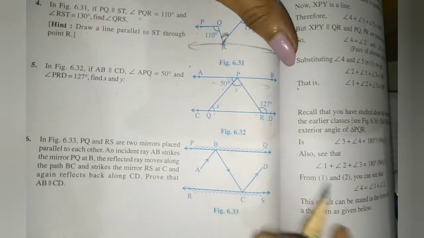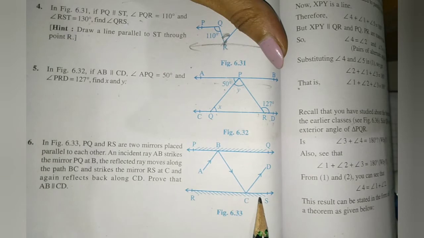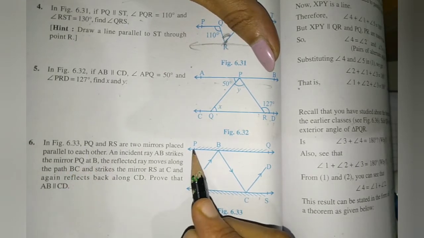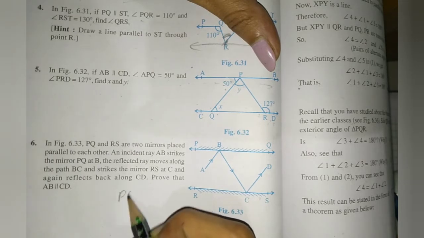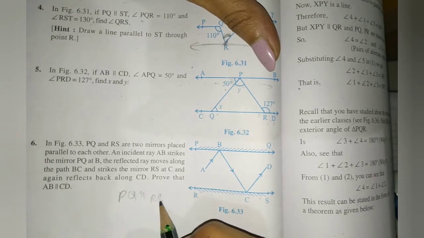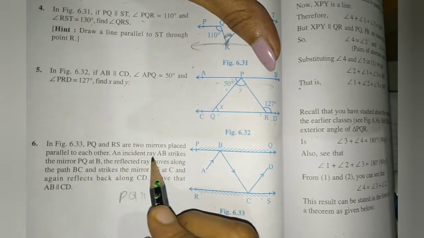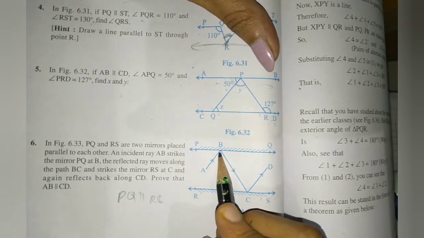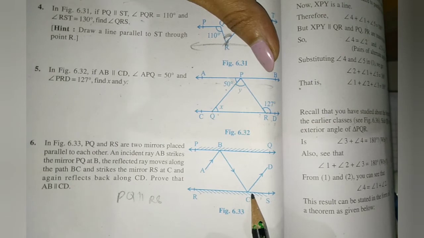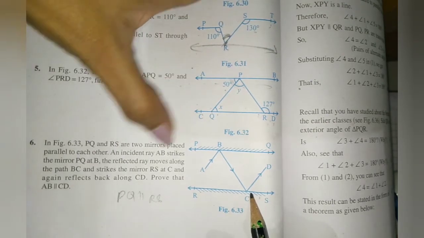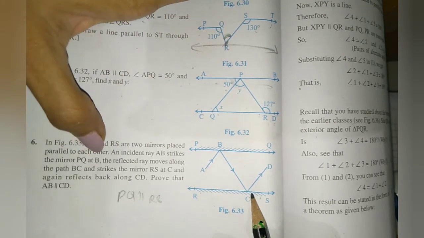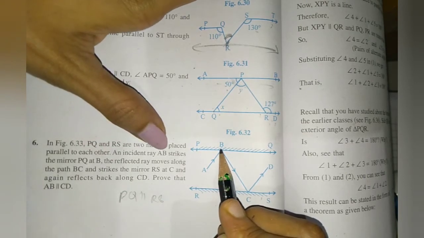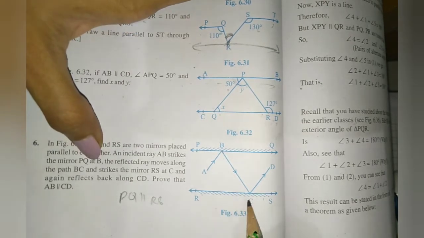Now here PQ and RS are two mirrors placed parallel to each other, meaning PQ is parallel to RS. The incident ray AB strikes the mirror PQ at B, and the reflected ray moves along the path BC.